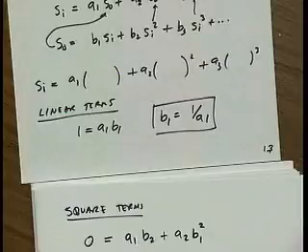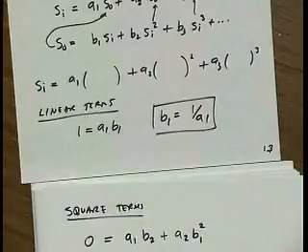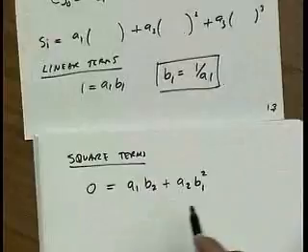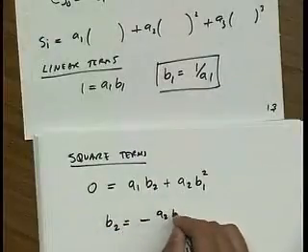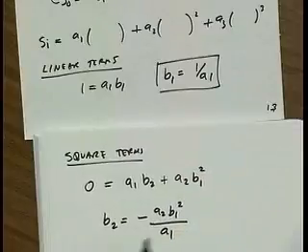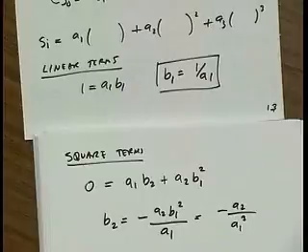And if I search for other terms, I run out. Every other term generates cubic or higher. So I'm done. These are the only square terms. So now I can solve for B2. B2 is minus A2 B1 squared over A1. And B1, of course, is just 1 over A1, so I have minus A2 over A1 cubed. Okay?